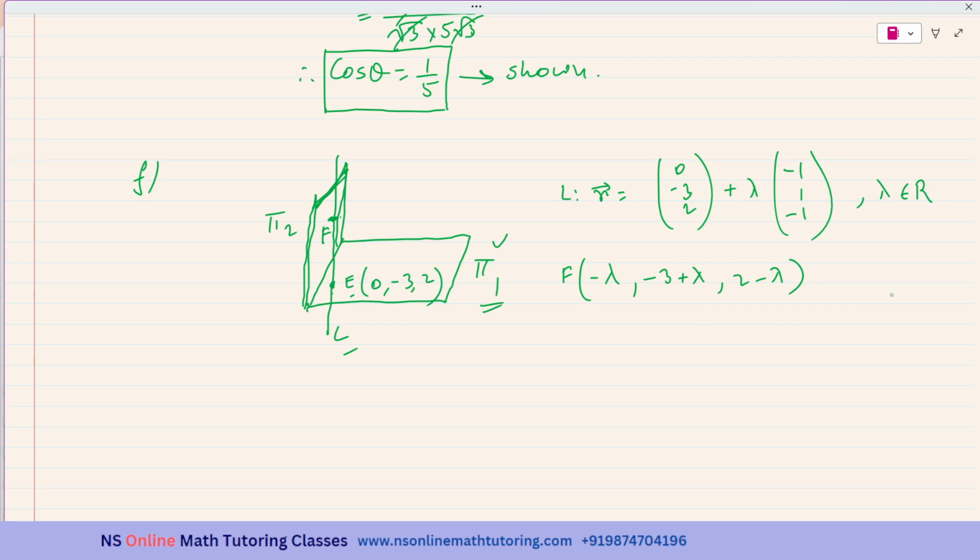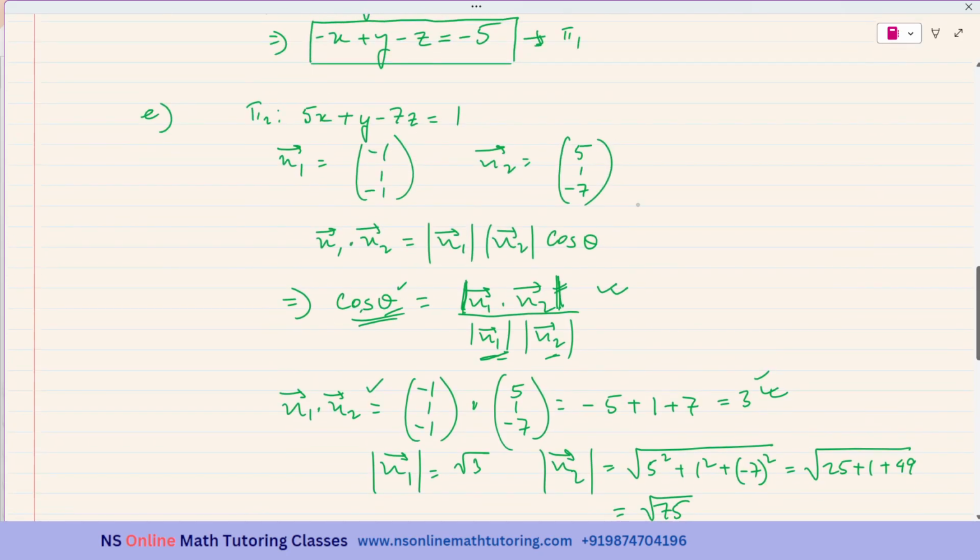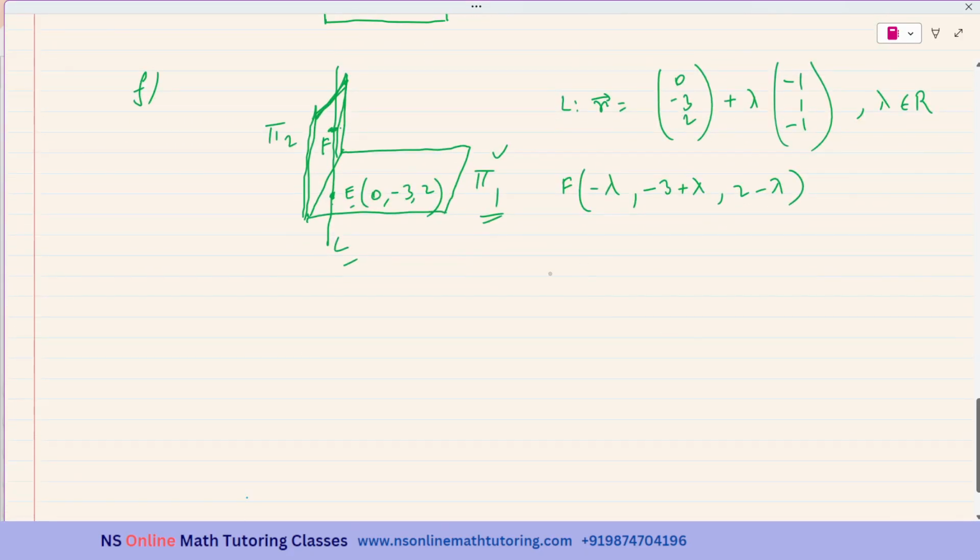Now what is pi 2's equation? It is 5x plus y minus 7z equal to 1. Now I'll be substituting minus lambda for x, -3 plus lambda for y, and 2 minus lambda for z.